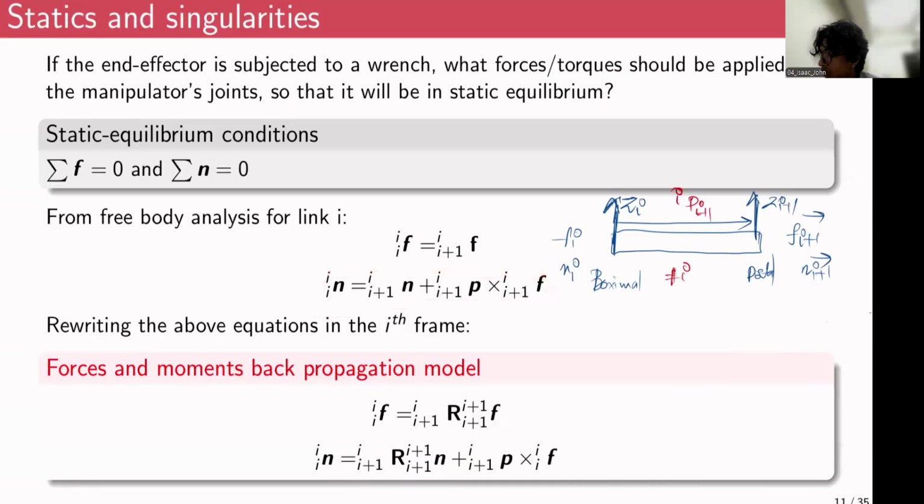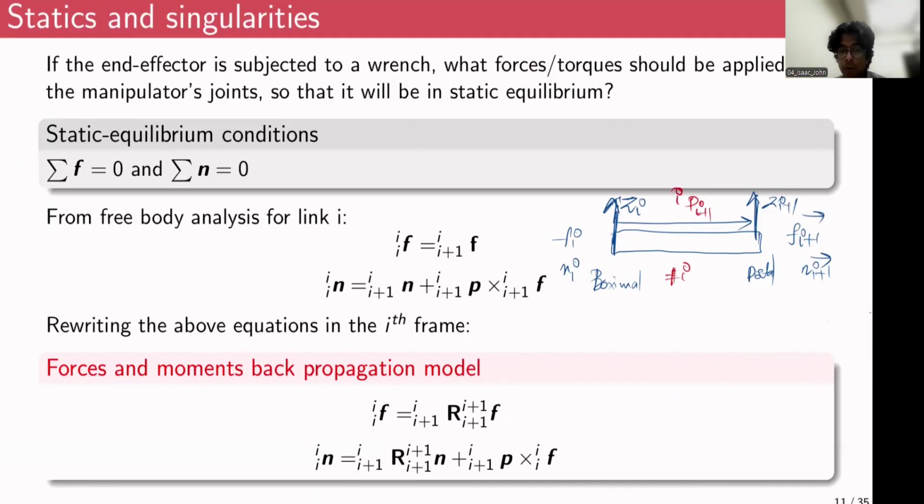Net moment on the ith frame of reference is nothing but the moment at the distal end plus the moment contributed by the force. This is R cross F, this distance multiplied by Fi+1. So this is nothing but a simple force balance and a moment balance. It will propagate all the way from the end effector to the ground.